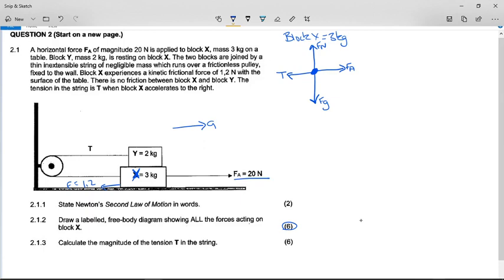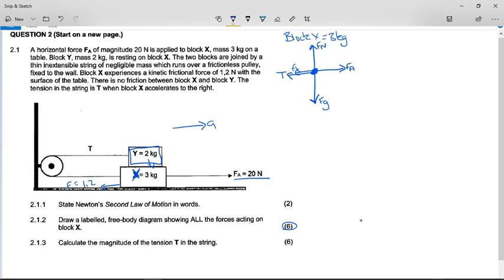The block is accelerating to the right, and they told you there was kinetic friction. So there's a force to the left of Fk, and if you want to, you can put in the value of 1,2 over there. And then we are short 1 force. So what force are we missing? We'll have a look over here. Here is a great big 2 kilo block resting on the 3 kilo block.